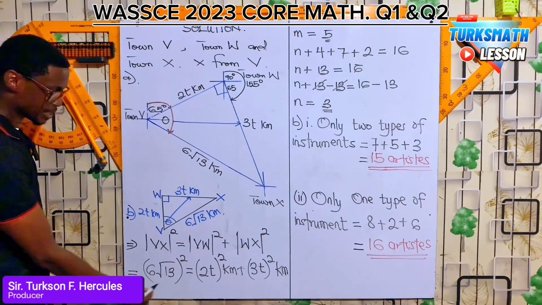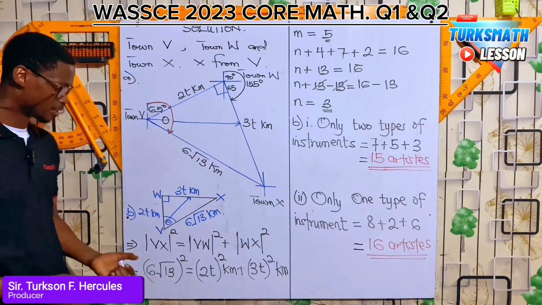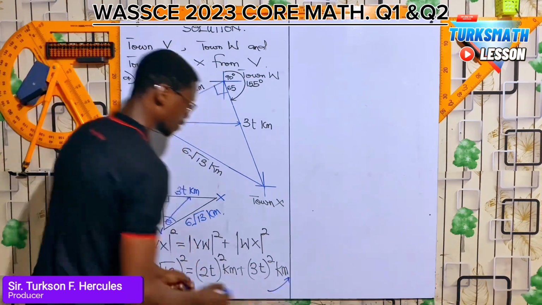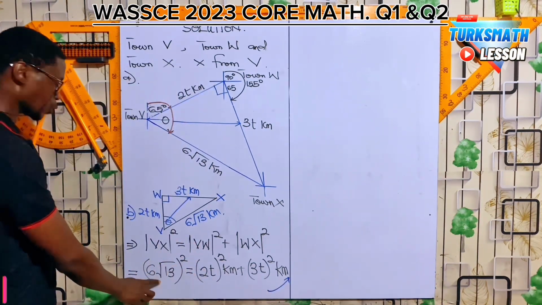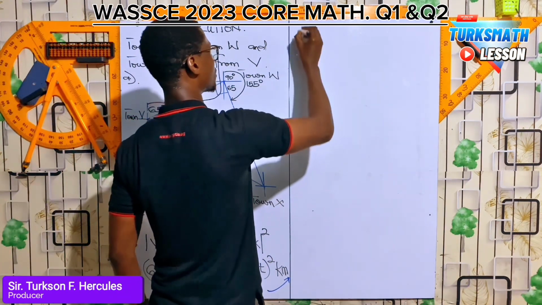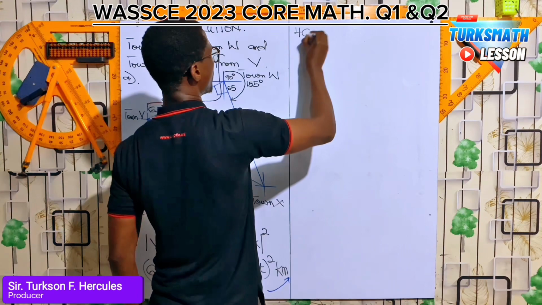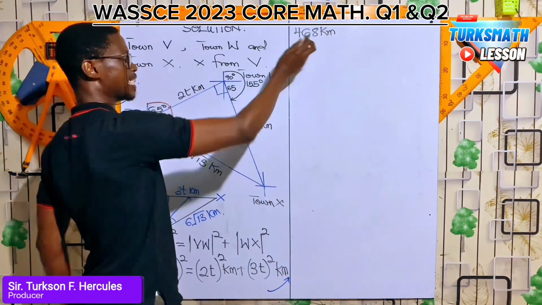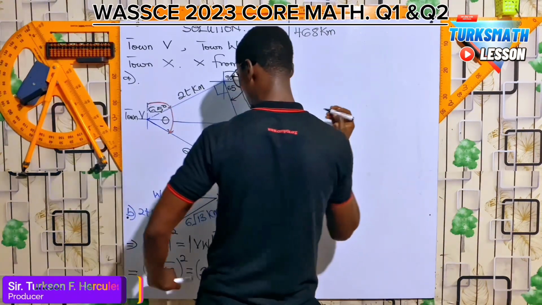So now we are done with this. So now let's open the bracket very fast, right? So 6√13 squared will give us 468 kilometers. Please, you can check it on your calculator.